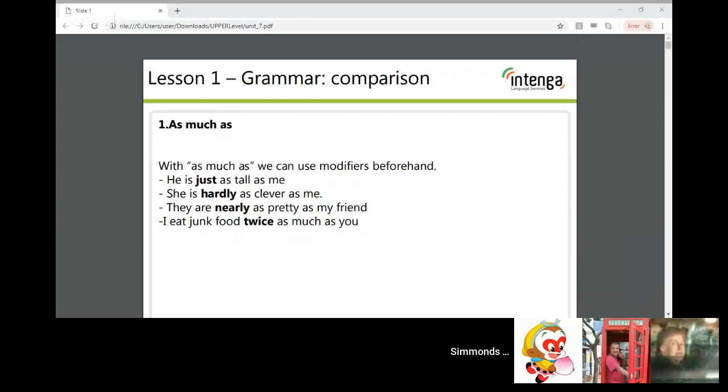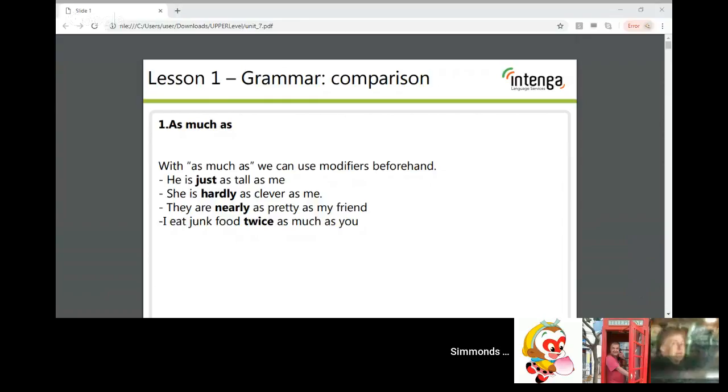Okay, so this sentence, Bob, what do you understand from this sentence? I eat junk food twice as much as you. I eat food much more than double. Exactly. Very good.